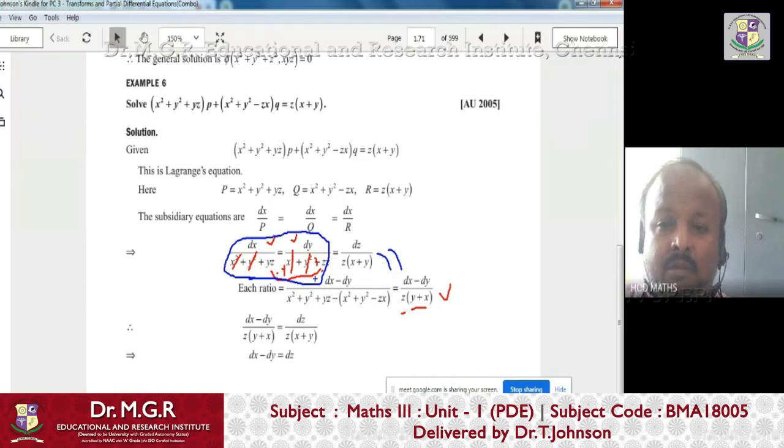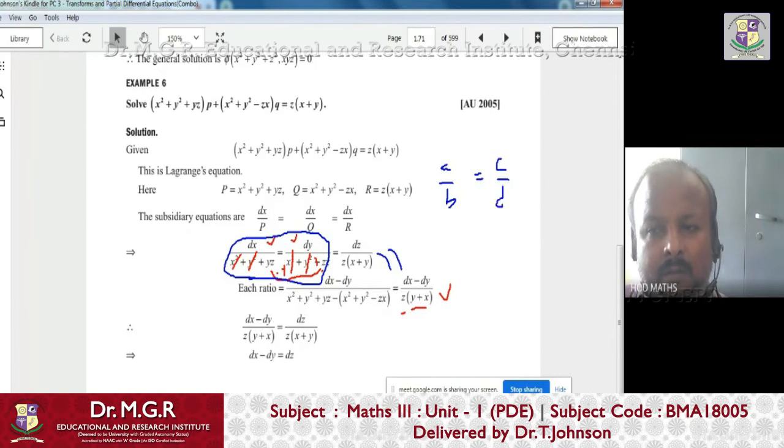I already told you, if a by b is equal to c by d, equal to e by f, then if you find a minus c divided by b minus d, that is nothing but this term, and it is equivalent to all these three terms.